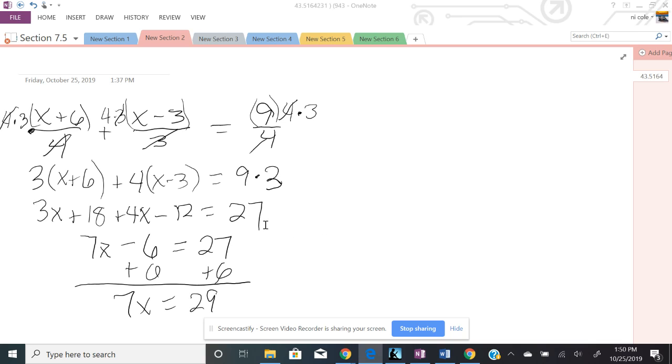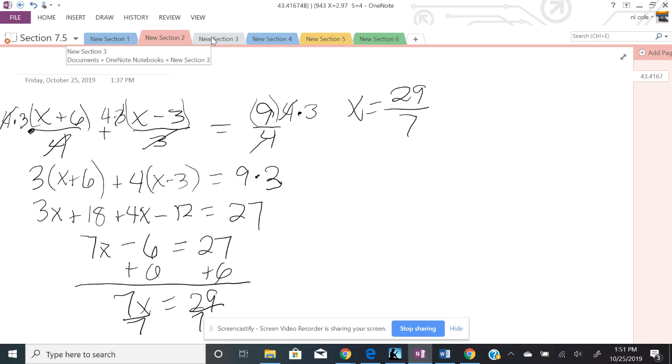So I probably wrote the problem down wrong because the number does not come out pretty, but you would continue on like so, making x equal 29/7. And if you put it through, it would work out. But that's not pretty. And there's a very good indication that you did something wrong if your number is not coming out pretty. And so you should go back and recheck the problem, but I don't have it. So I've copied the problem down wrong. I am sorry, guys, but the process still stays the same.